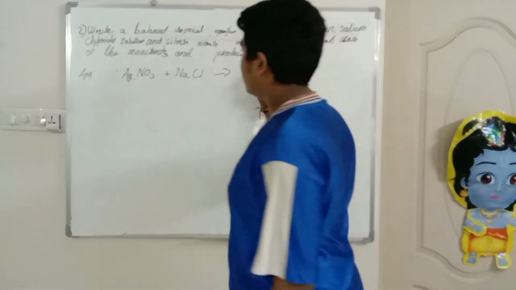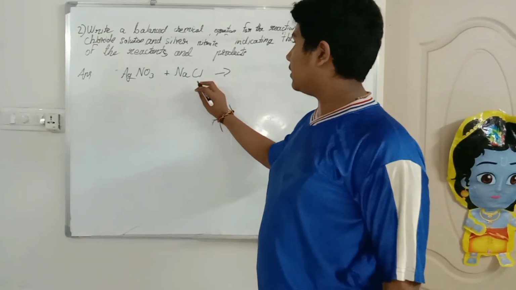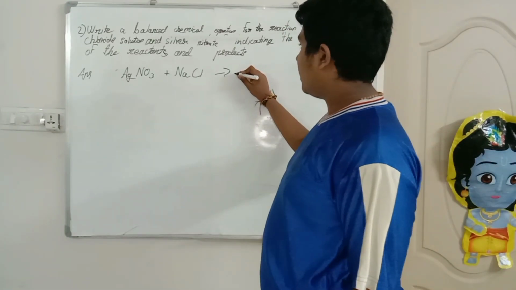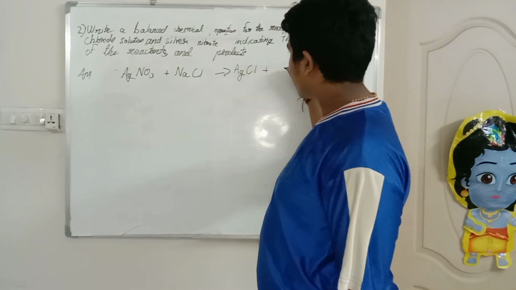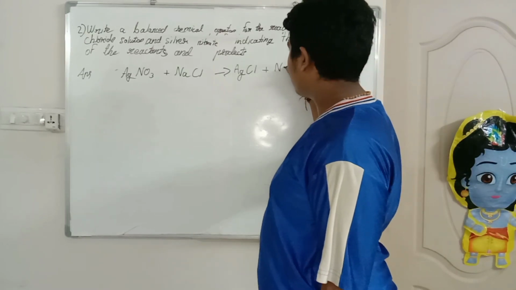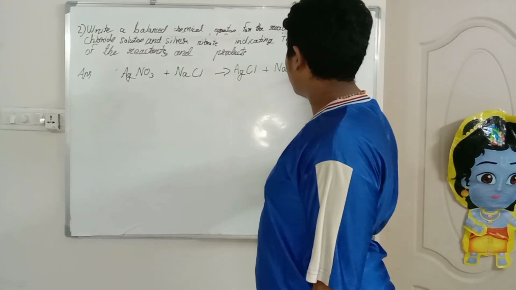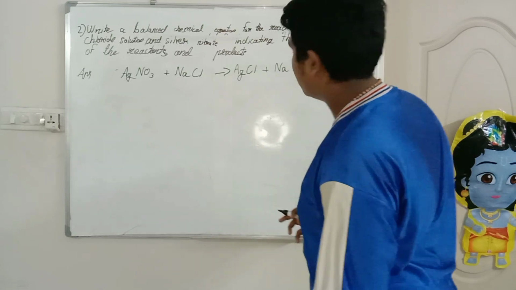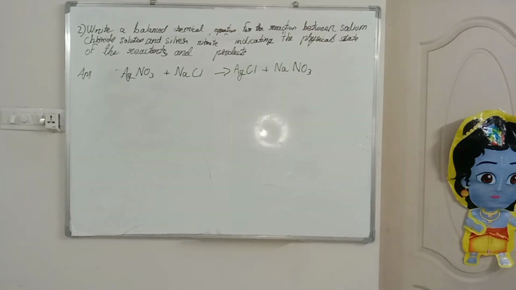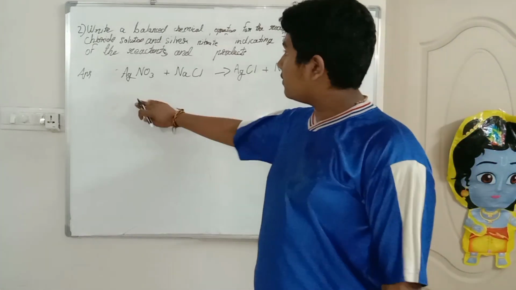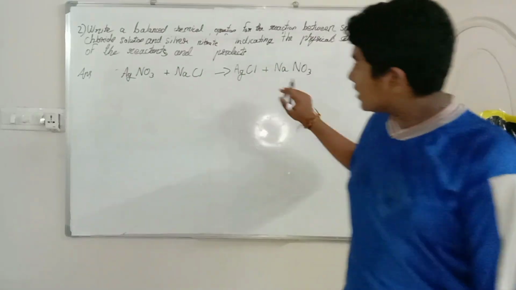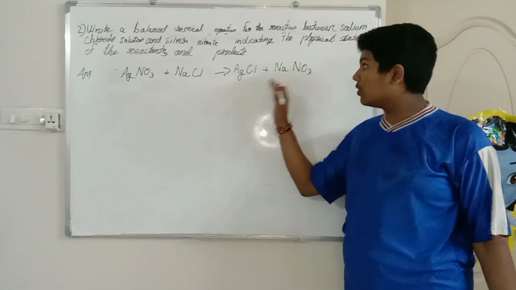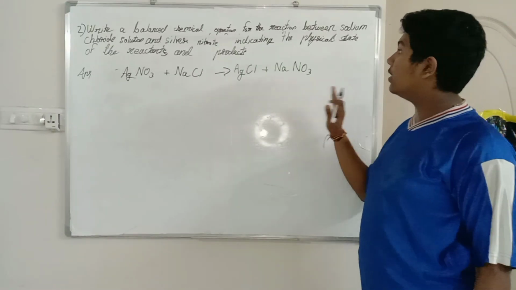How? AgNO3 and NaCl will be AgCl plus NaNO3. Is it correct? Yes, right? Silver nitrate plus NaCl, that is sodium chloride, gives you silver chloride plus sodium nitrate.